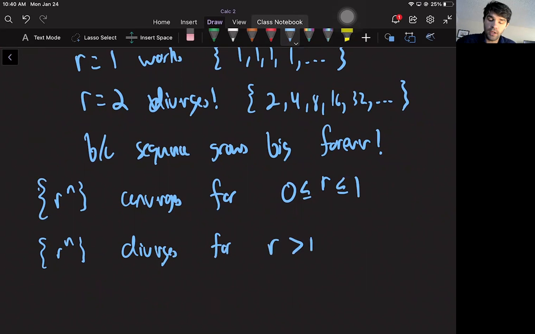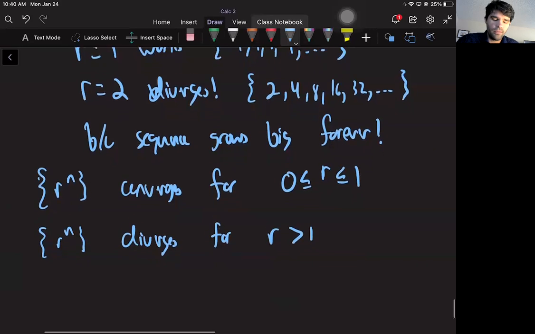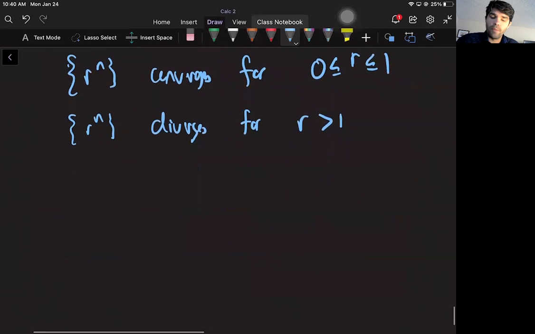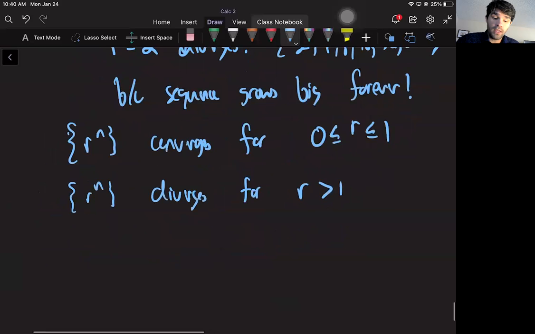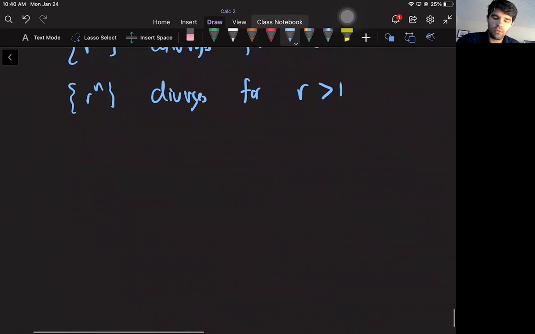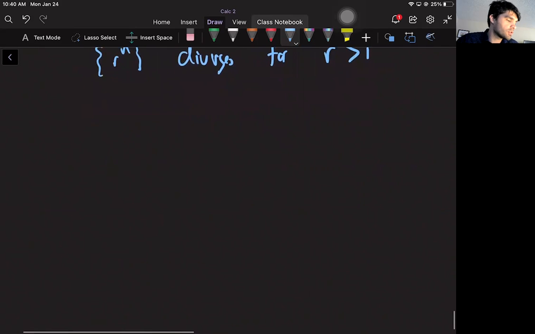If you plug in a number bigger than 1, then it's just going to grow and grow and grow forever. So now anytime you see a fraction to the nth power, no work is necessary. You just say it converges if it's less than 1, and diverges if it's above 1.